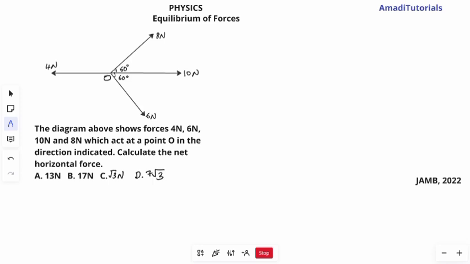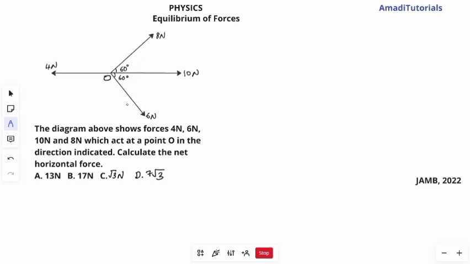This is about being able to resolve the different forces acting at a particular point, know the total horizontal force and the total vertical force acting there, and then calculate the resultant force, which is that one force that equates all the forces acting together.